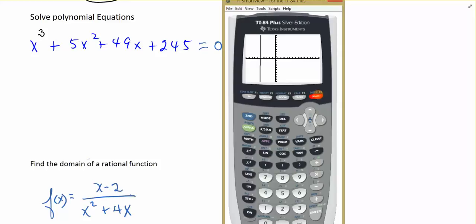Well, we can find this guy. Let's find it. How do we do it? How do we find an x-intercept? Second, calc, 5, and enter 3 times. Did we get -5? Okay, so we're going to write that down.